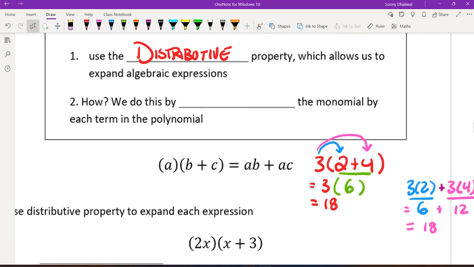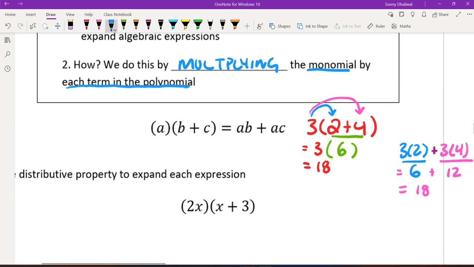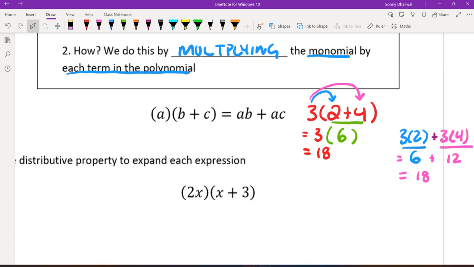Okay? So how do we do this? We do this by multiplying the monomial, that's the term outside the brackets, to each term inside the brackets, the polynomial. Okay? So if we have a question like this one here, we take our monomial and we multiply it to everything inside.